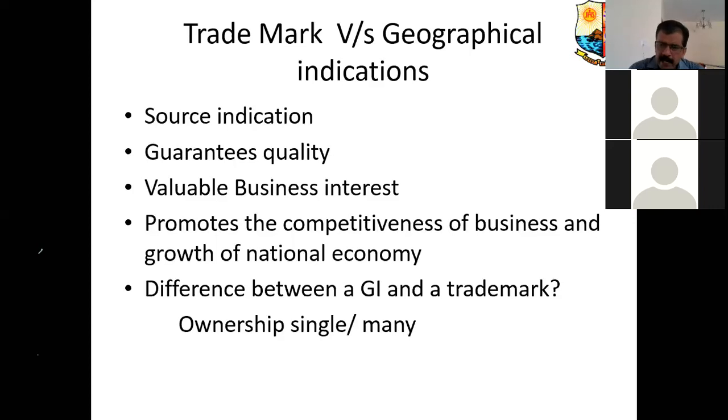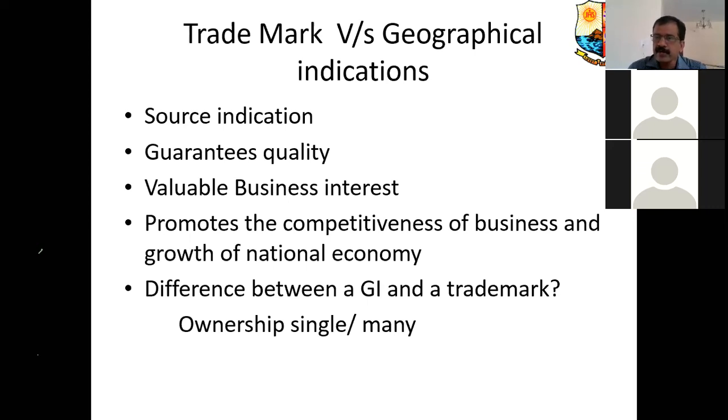Now, we'll see the small difference between trademark versus geographical indications. There are some similarities as well. First, we'll see the similarities. As a trademark indicates the source, geographical indications also indicate the source.